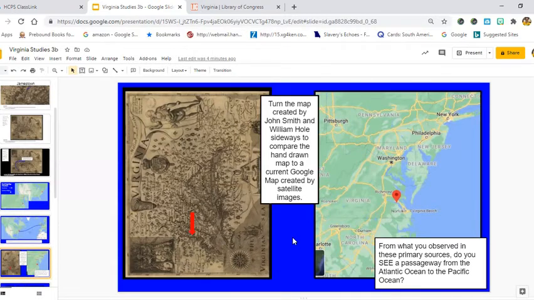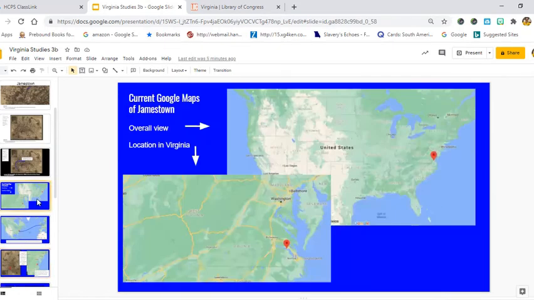One of the things they were looking for when they came to venture is they wanted a passageway to go from the Atlantic Ocean to the Pacific. So think about this by using your observation skills and going back through the different maps.